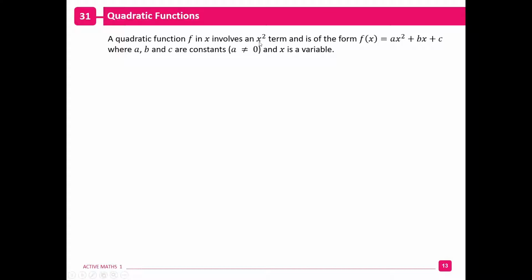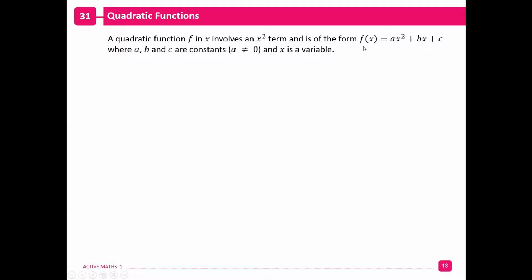Now a quadratic function has an x squared term. In other words, it looks something like this. The f of x is still the same. Now remember, f of x can also be represented with a y, and that simply means the outputs.